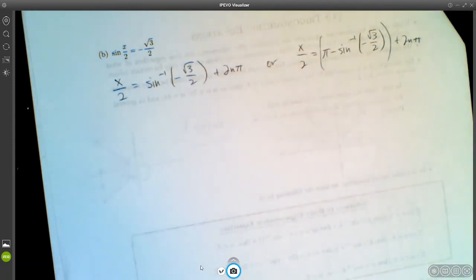Okay, so let's think about what sine inverse of -√3 over 2 should be. Sine inverse of positive √3 over 2, maybe I should say, I think that would be pi over 3. So sine inverse of -√3 over 2 is going to be negative pi over 3.